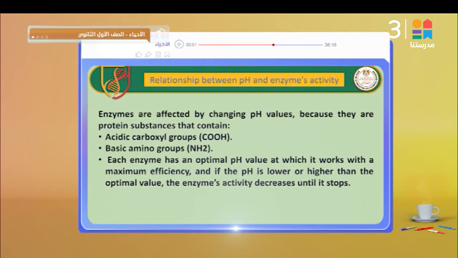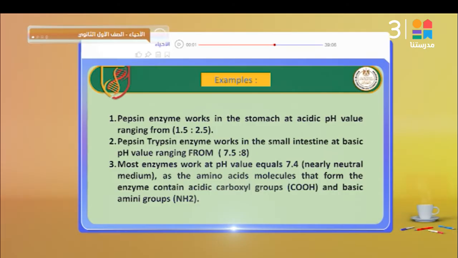Examples: pepsin enzyme works in an acidic medium in the stomach. It plays an important role in the digestion of proteins, so it works in the acidic medium. Pepsin works in the stomach at an acidic pH value ranging from 1.5 to 2.5.